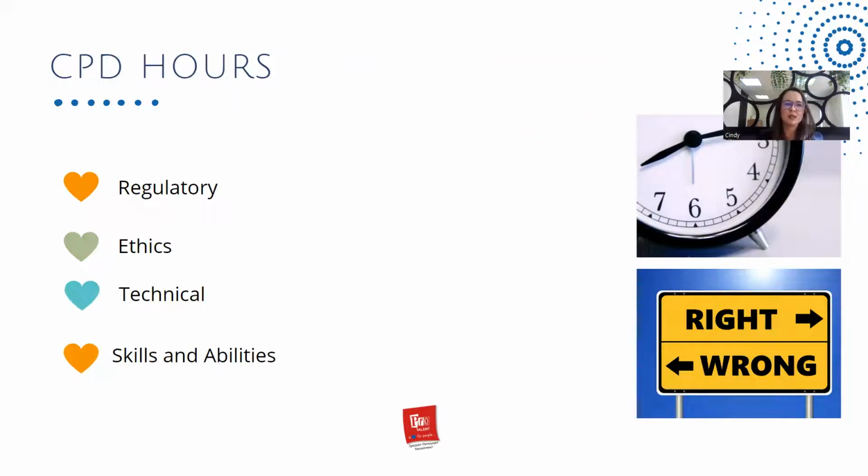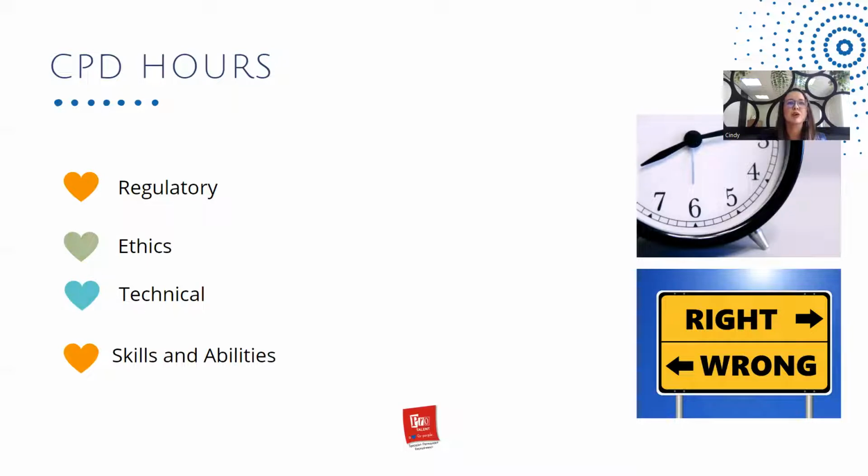Then we go over to the CPD hours. CPD stands for continuous professional development, okay? Normally they touch on four categories. One category is regulatory, then the other one is ethics, there's technical, and then there's also skills and abilities.